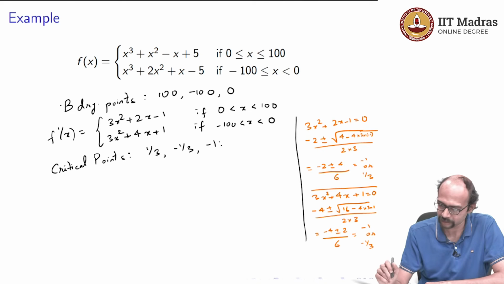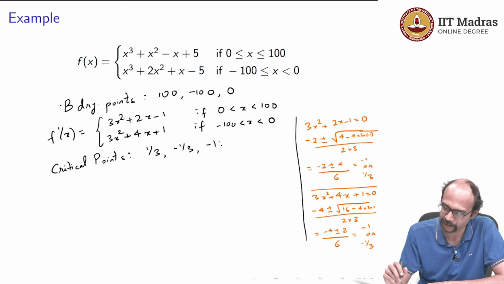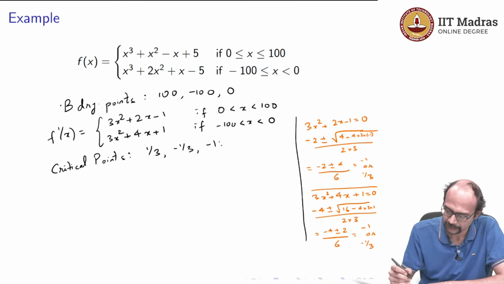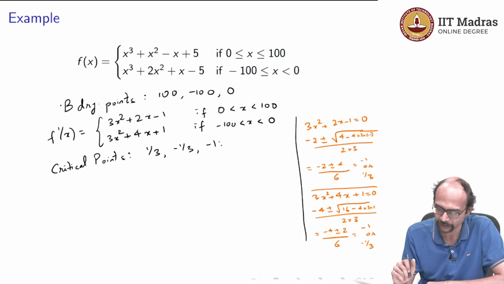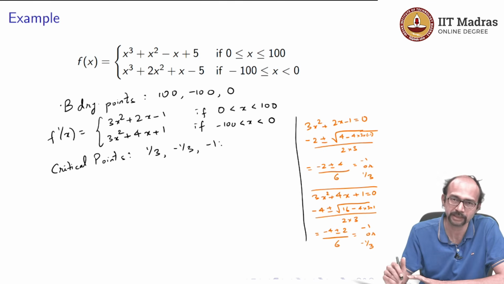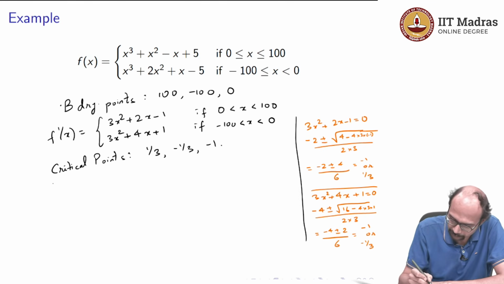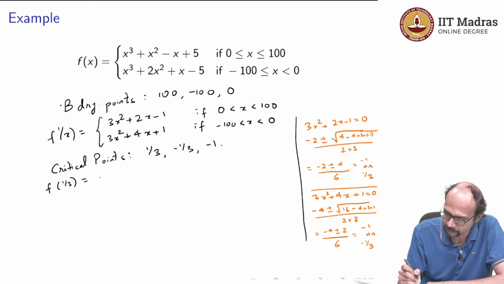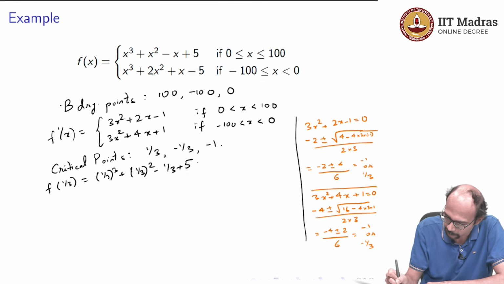Fine. Now we have these 3 critical points and our 3 boundary points 100, minus 100 and 0. Now we can evaluate f at all these points and find out which of these are maxima and minima. When I say maxima and minima, I mean global maxima and global minima. Okay. So what is f of 1/3? f of 1/3 is 1/3 cubed plus 1/3 squared minus 1/3 plus 5.